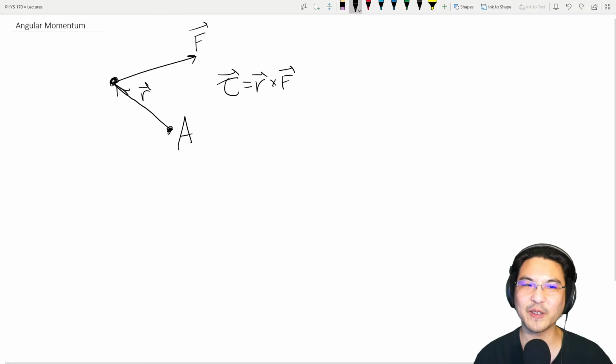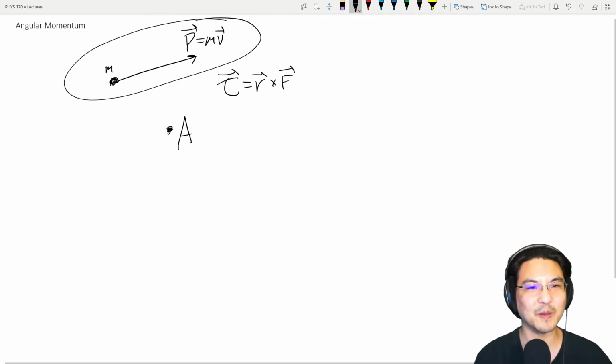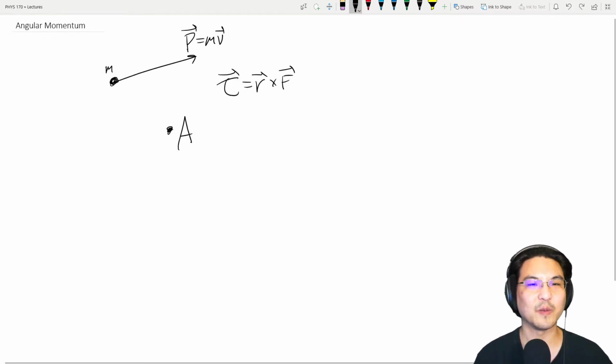Okay, so very similar to that. This time imagine you have some mass here, and then it has momentum. So this is the momentum, right? Mass times velocity. That's linear momentum. Now we're introducing something called angular momentum. So say, what is the angular momentum?